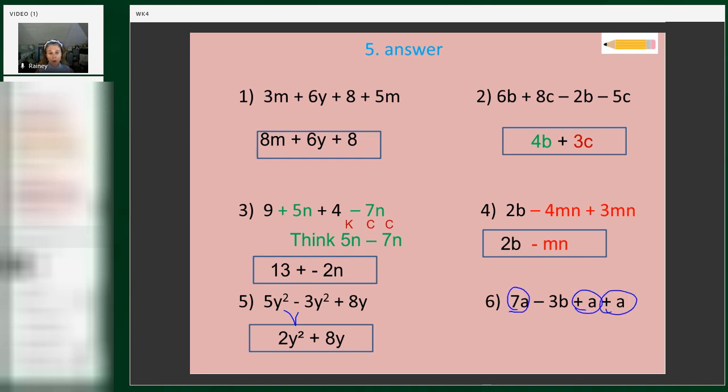If you need to, put a 1 in front of those a's so you don't forget. Nothing can go with the 3b, but it's not just plain 3b. Make sure you have your sign on that 3. Let's check.